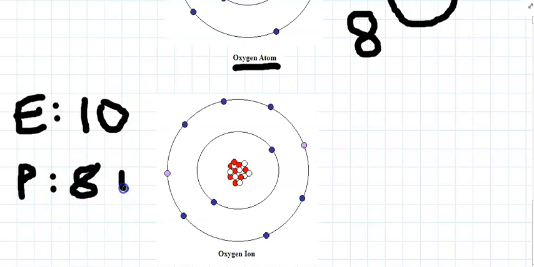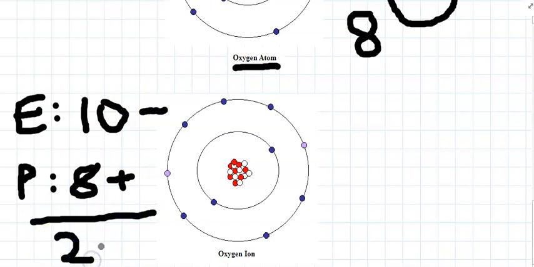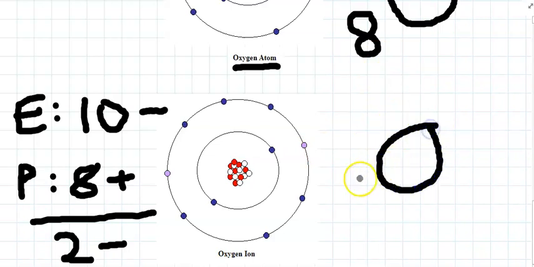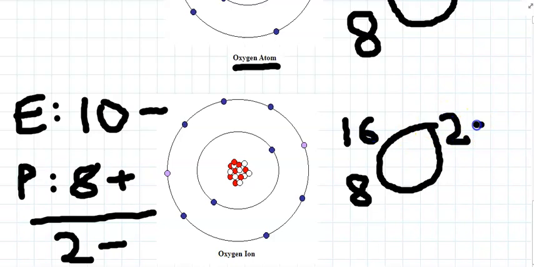So we have 8 positives and 10 negatives. So overall, we have 2 negatives as the overall charge. So we're going to write for the atomic symbol, oxygen with atomic number 8 and mass number 16 and charge 2 negative.